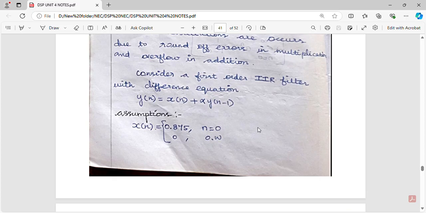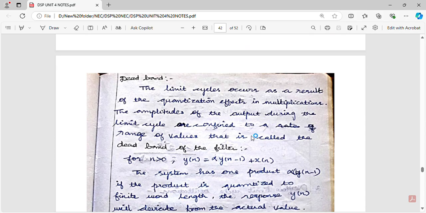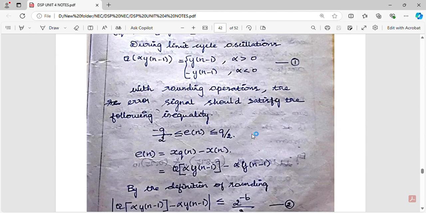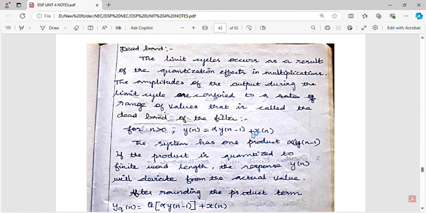Here we take the input signal x of n as 0.875 for n equal to 0, that is x of 0 has the value 0.875, and the remaining values of x of n are 0. We are going to define a dead band and derive the formula for the dead band.